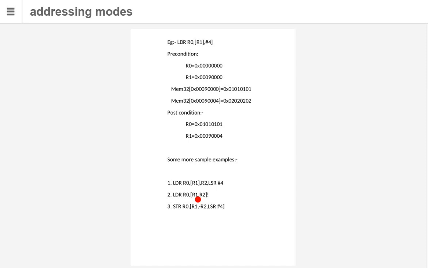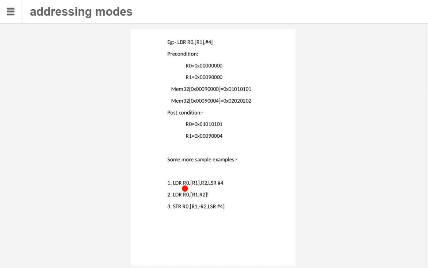Third case is giving the offset value along with some barrel shifting operation. Barrel shifting operation means rotation, shifting, right rotate, left rotate, logical shift left or logical shift right. So in this example, I have used LSR. LSR means logical shift right. #4 means number of times we are going to shift right. Where is the data? Data is stored in R2.